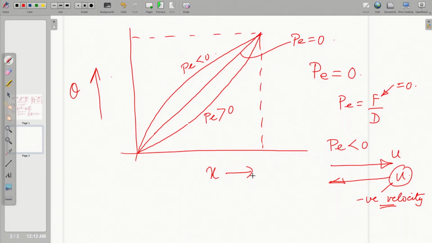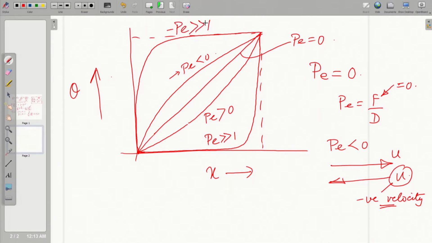So, if we have a negative velocity, based on that we can of course define a negative Peclet number, and then it would show a trend like what we have drawn here. And then if your positive Peclet number becomes very, very large, then in the limit for very, very large positive Peclet numbers, the trend would look like this, while for very, very large negative Peclet numbers, the trend would look like this.